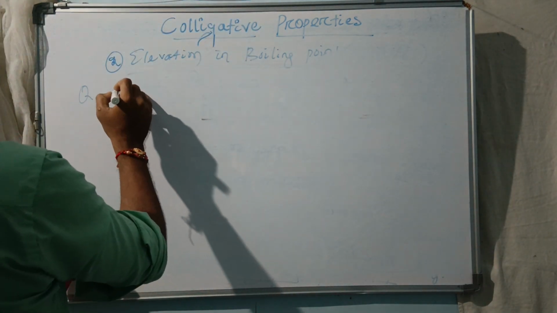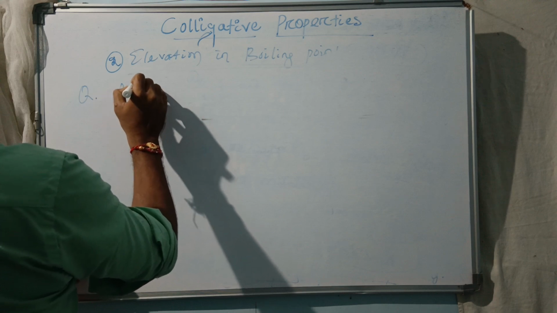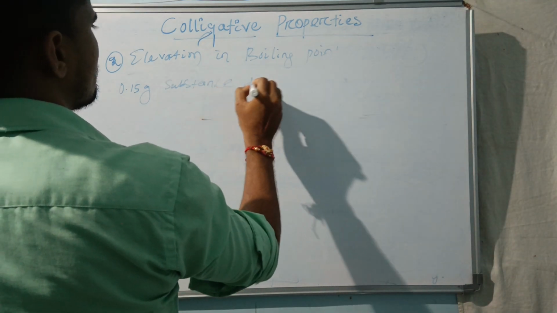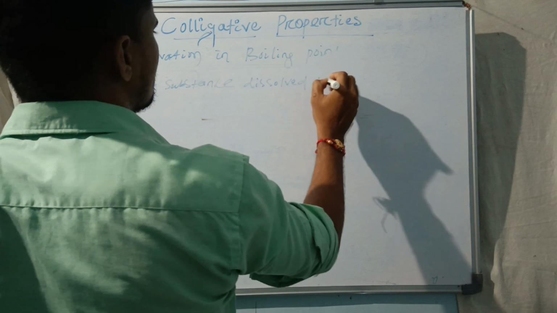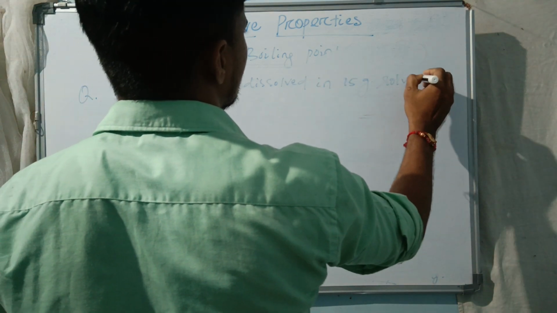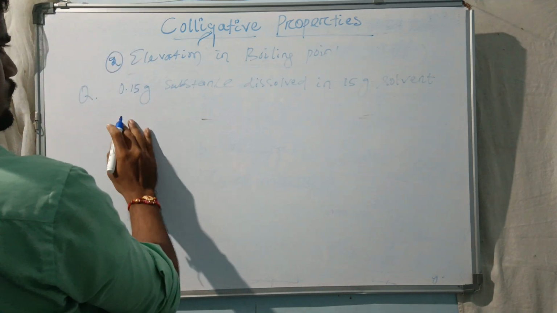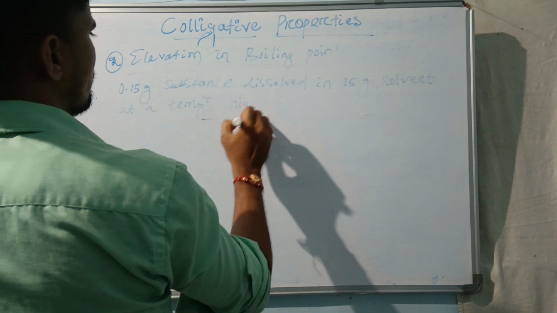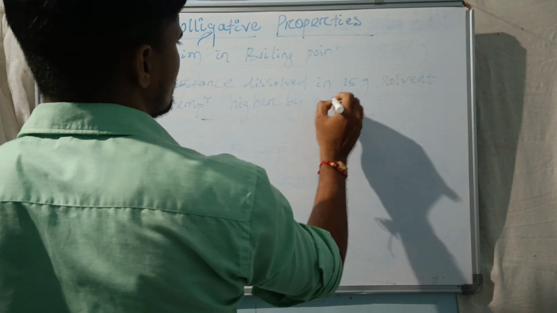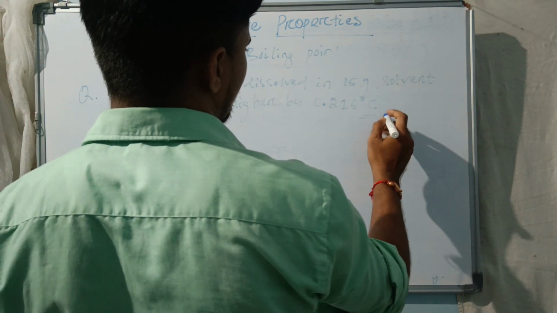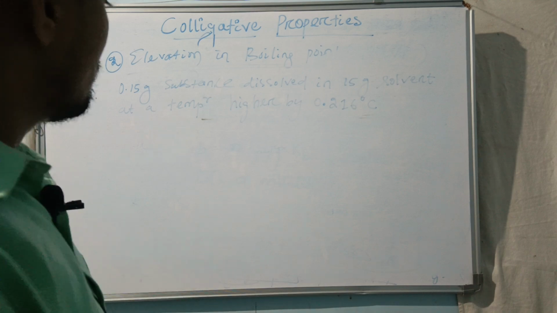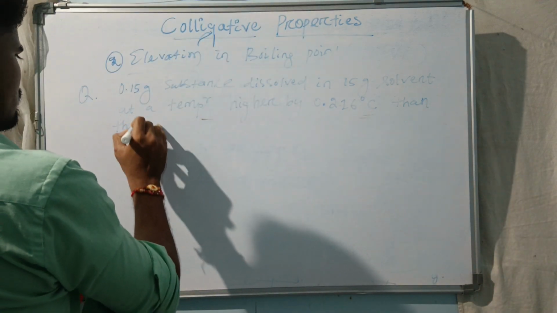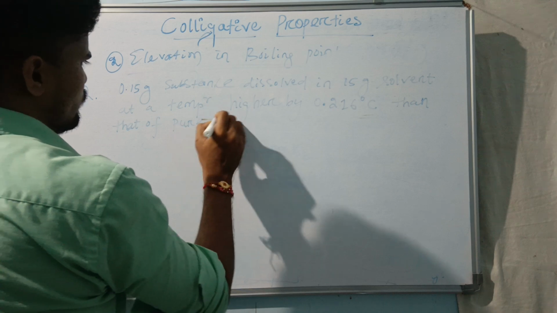So the question: 0.15 gram of a substance dissolved in 15 gram of solvent, okay, raises the boiling temperature higher by 0.216 degree Celsius than that of the pure solvent.